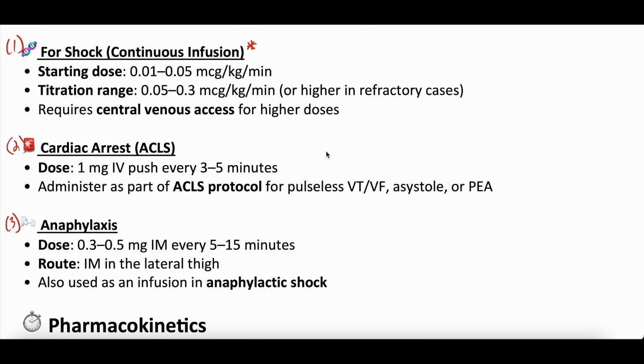And you start at 0.01 to 0.05 micrograms per kilogram per minute, all right? And the titration range is then 0.05 to 0.3 micrograms per kilogram per minute that you titrate it to. Now, all this is not a perfect science, right? Some places will titrate to much higher doses of epinephrine than other places.